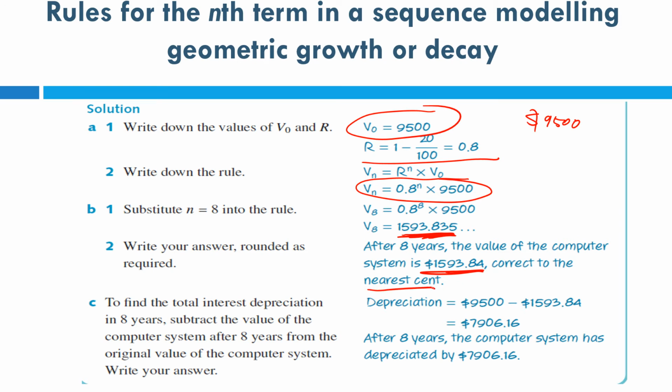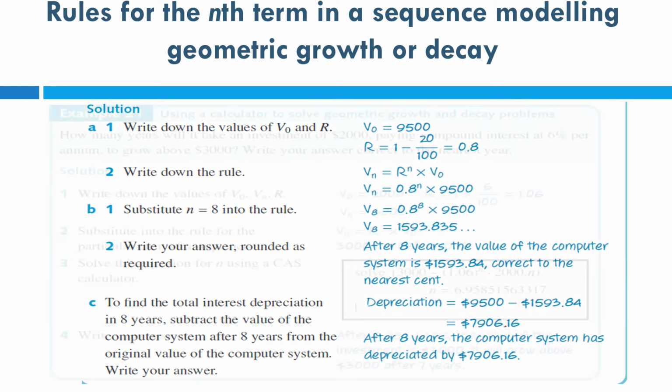So please be very, very mindful of that. Question C asked us to find the total depreciation. So we have to find the difference between what it was worth and what it is worth now after 8 years. So it's actually dropped in value or depreciated by $7,906.16. Moral of the story, don't buy a computer system worth $9,500.